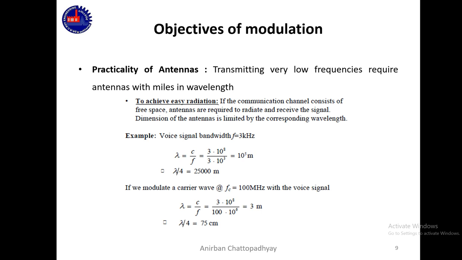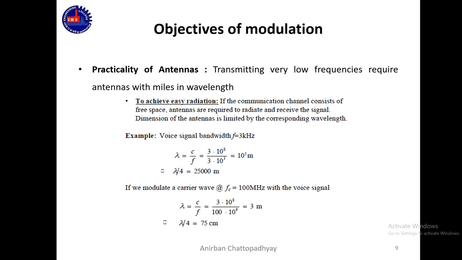What is the relation between wavelength and frequency, students? Lambda is equal to c by f. We all know lambda is equal to c by f. What is c? 3 into 10 to the power 8 meter per second. And here our frequency is 3 kilohertz, that means 3 into 10 to the power 3. After simplification we will get 10 to the power 5 meter.